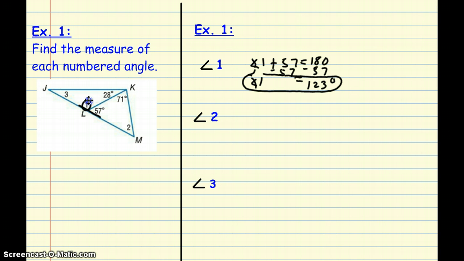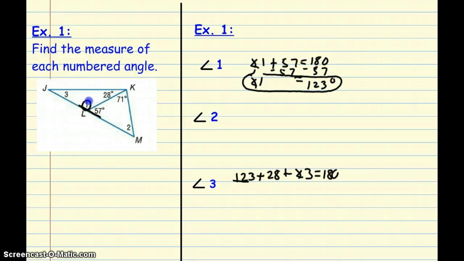So now that we know angle 1, we could either do 2 or 3. I'm going to do 3 just because we now know angle 1 and that 28-degree angle. So angle 1 is 123 degrees plus the 28 plus angle 3 equals 180 degrees, because the sum of the angles of a triangle adds up to 180.